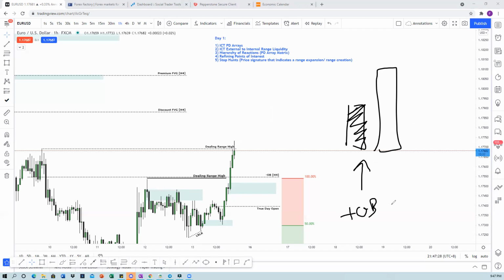So no need to do fancy stuff and refine it to 5 minute, 1 minute, all that. Yes, if you're good at it, go ahead. But I'm just saying, don't bother yourself with it. You can still get solid trades looking at 15 minute structure as well, right?